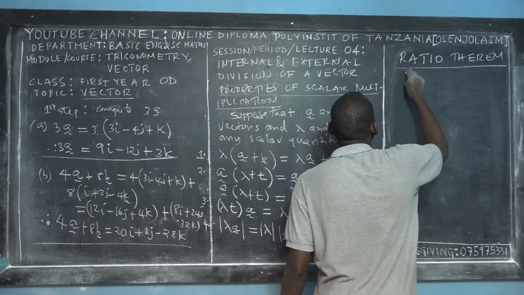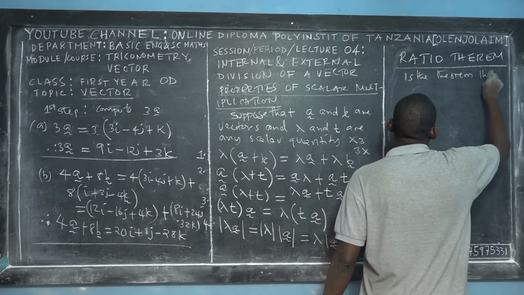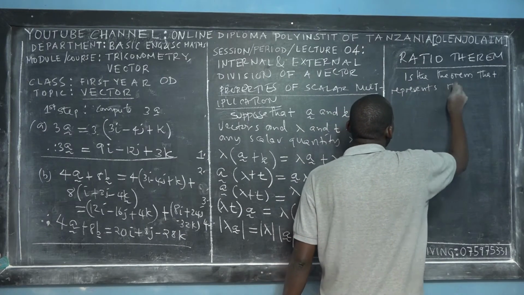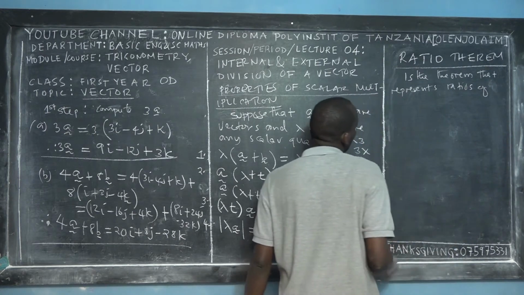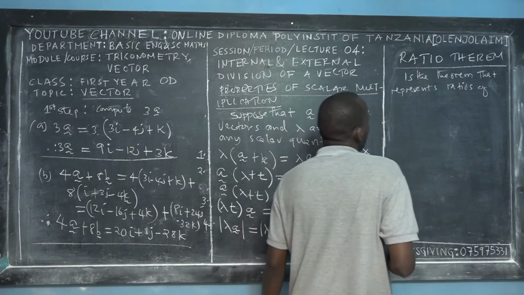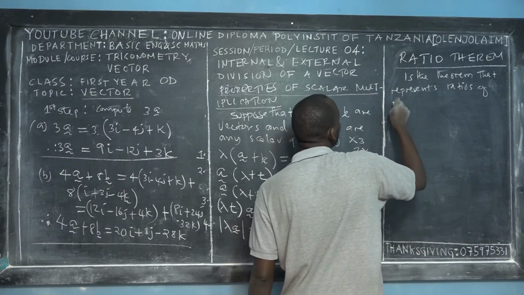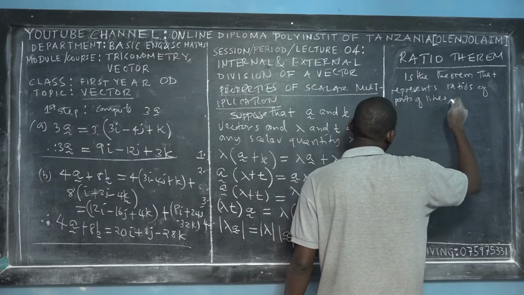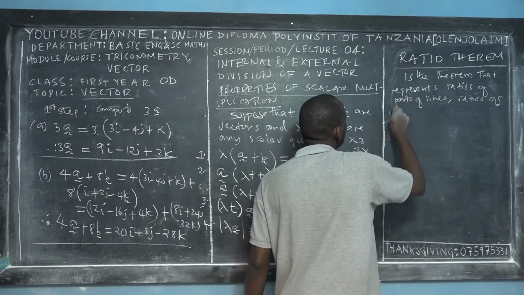Simply, we say it is the theorem that presents ratios of line segments or sublines, ratios of parts of lines in coordinate geometry, or ratios of vectors.